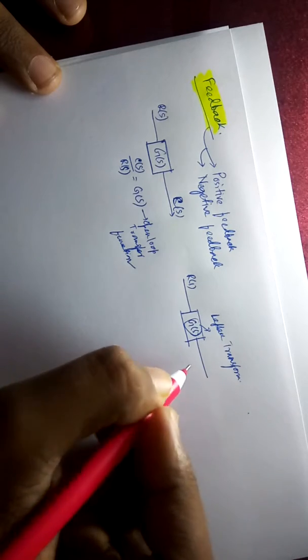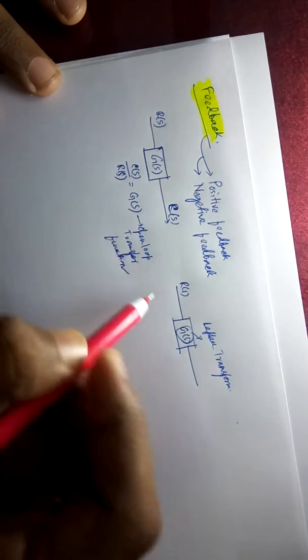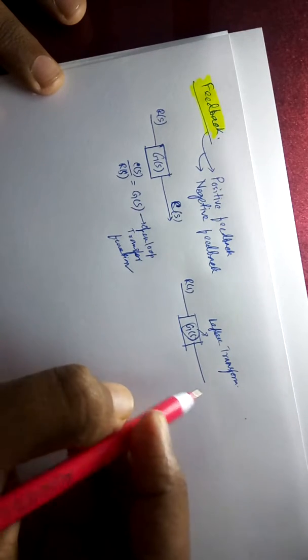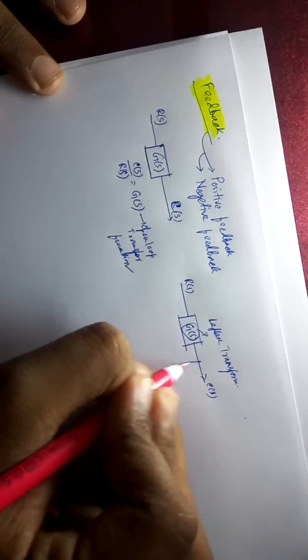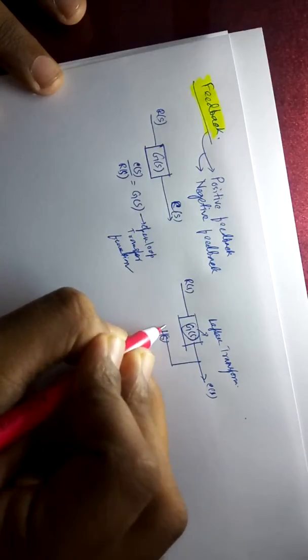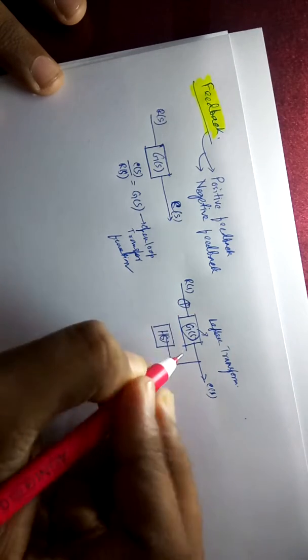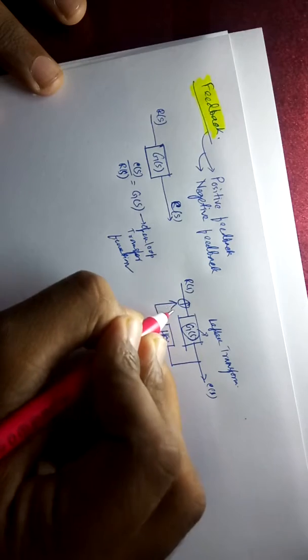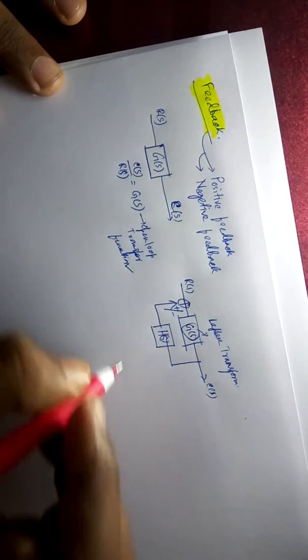We take the Laplace transform everywhere because we need to calculate the transfer function when all the initial conditions are 0. Here the output is C(s), but there is a feedback path H(s), and the feedback can be positive or negative.